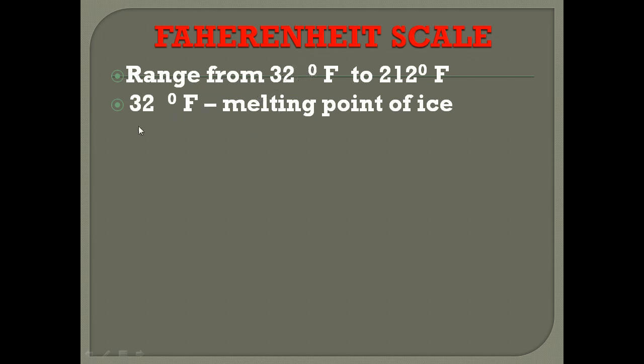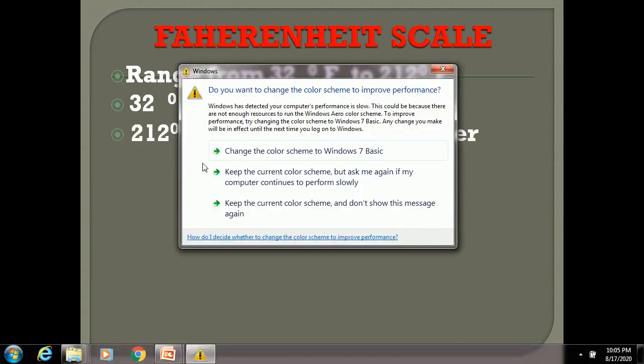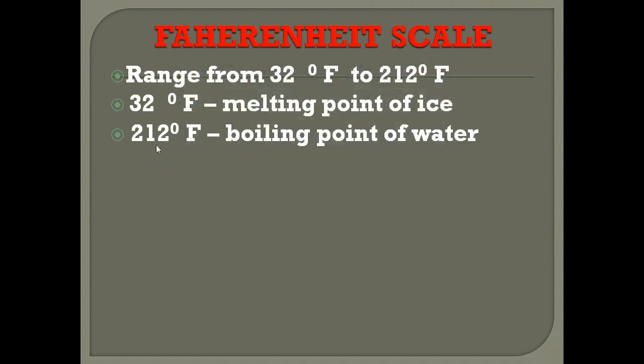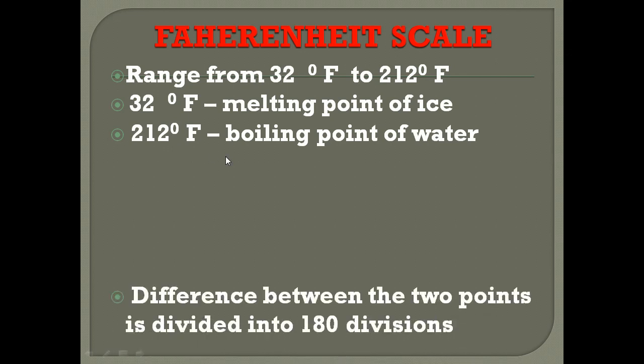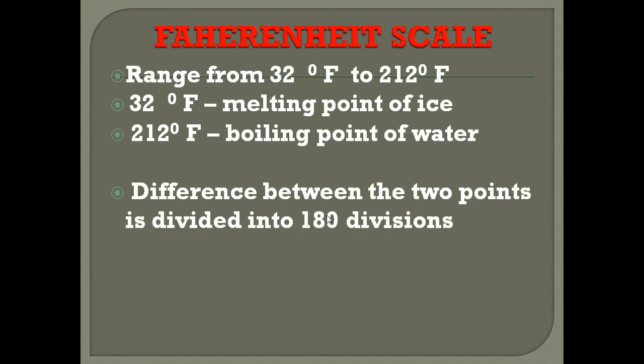And the boiling point of water is 212 degrees Fahrenheit, whereas in the Celsius scale it is 100 degrees. The difference between the 2 points is divided into 180 divisions, that means 212 minus 32 gives 180 divisions.